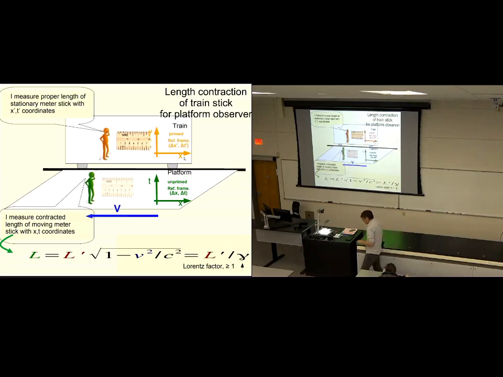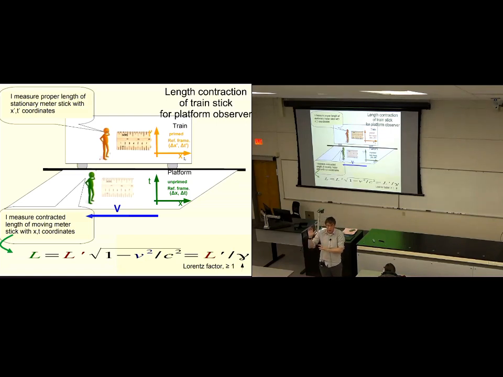So this is again funny, right? Remember that the train observer saw time dilation for the moving clock on the station, but the station observer saw the time dilation for the moving clock on the train. So they both saw the other's clocks tick more slowly.